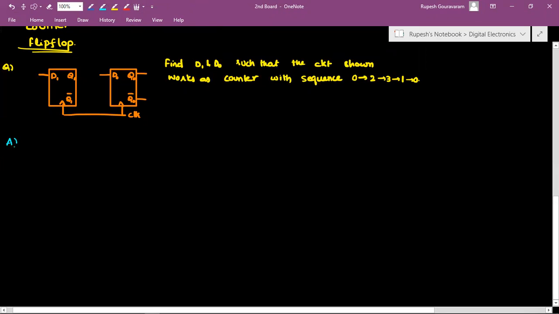Now, coming to the answer, first of all, let us discuss what is the counter. So counter, you can define it as a box which counts the clock cycles.